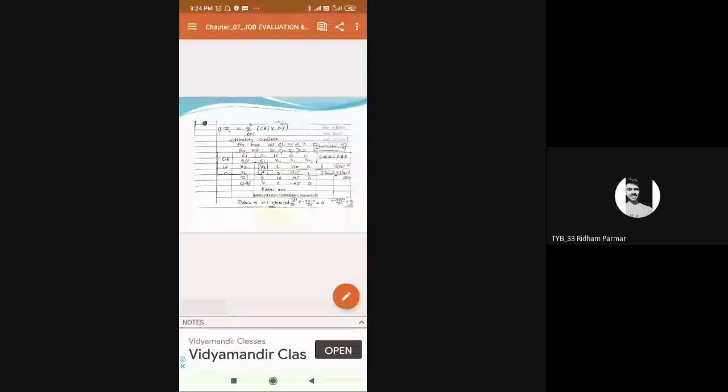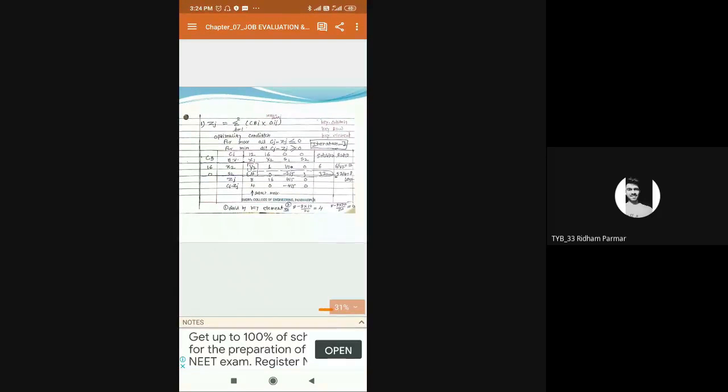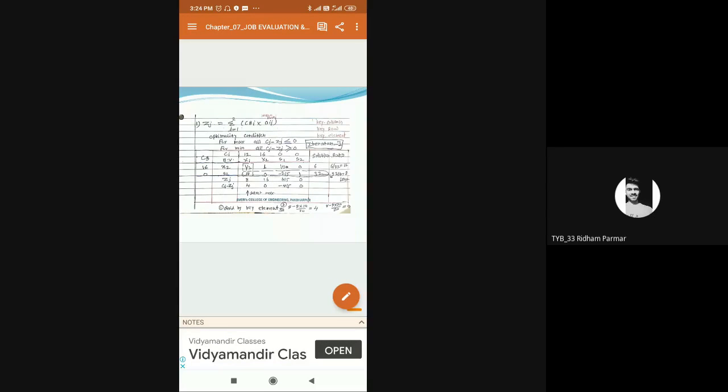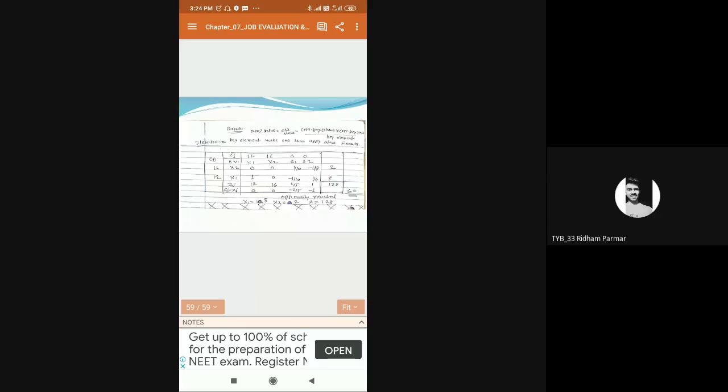Okay. Now here the key element is 4. The second column we have to divide by 4 to each element. But here the leaving variable is x1 because the key element we get is x1.